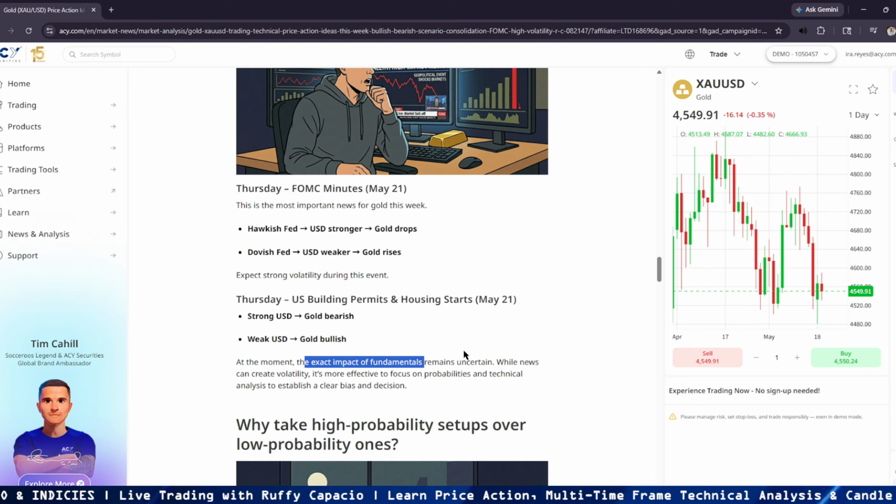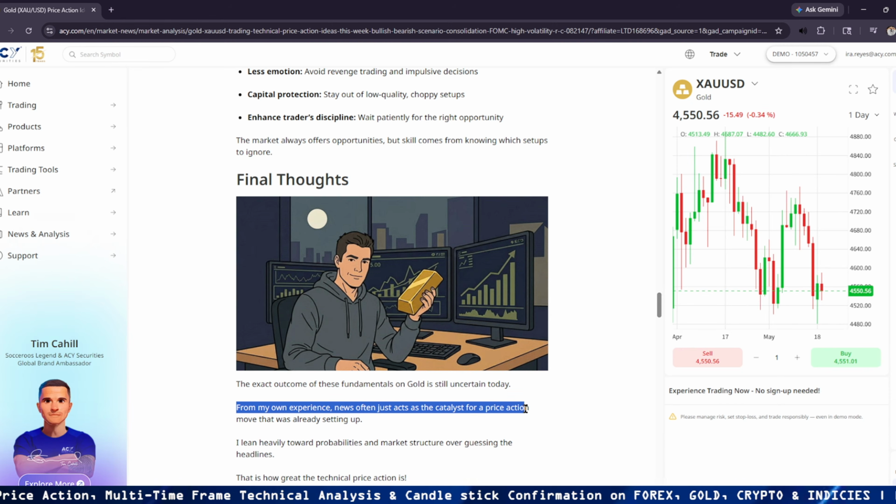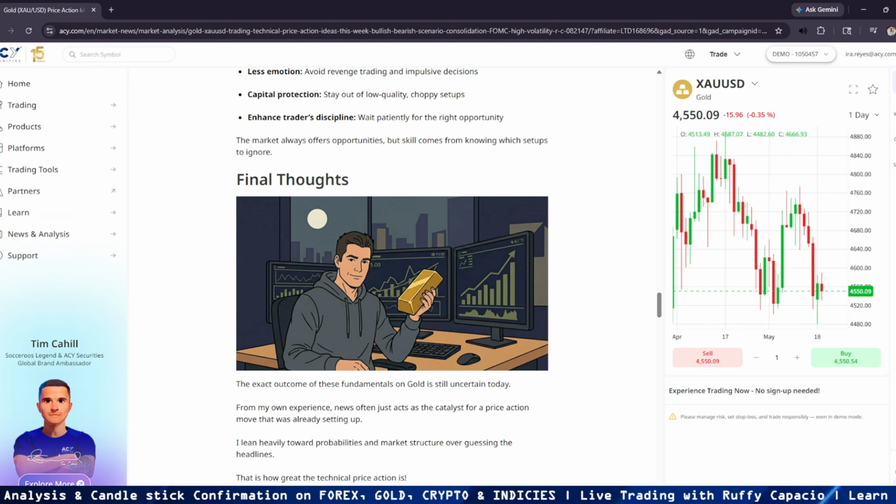That is why I also explained here that the exact outcomes of the fundamental are still uncertain, but from my own experience, news often just acts as a catalyst for a price action move that was already setting up. That is why I only use the news as a way to see whether it could give me volatility in the markets.